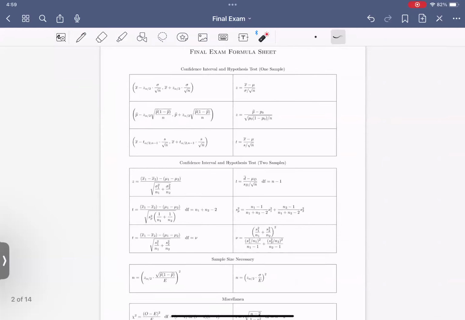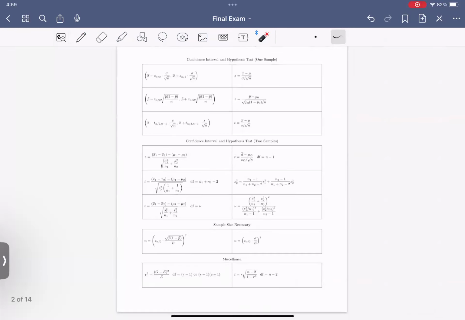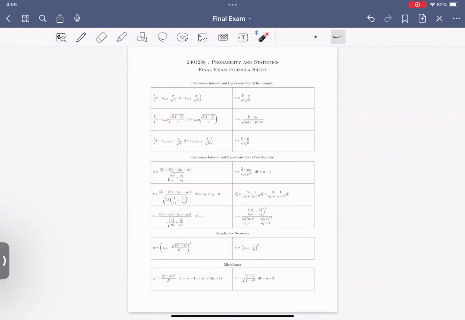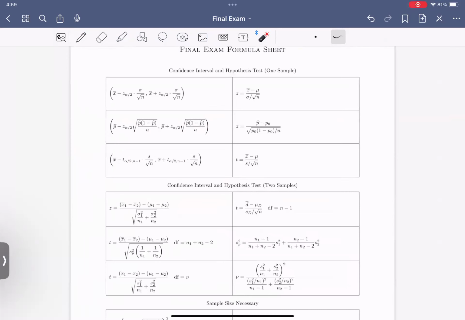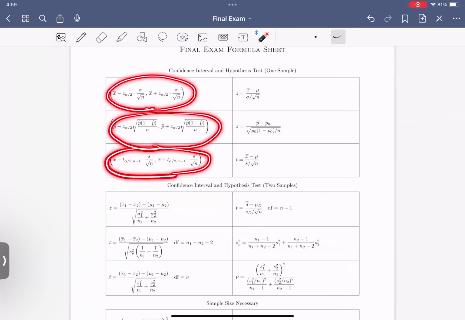Oh, this is the formula sheet, everyone. This is the formula sheet that you have on the final exam. You can see here you have the formulas for the confidence interval. You actually get three formulas for the confidence interval.